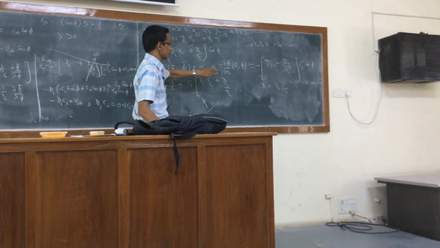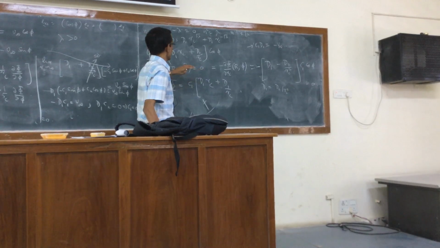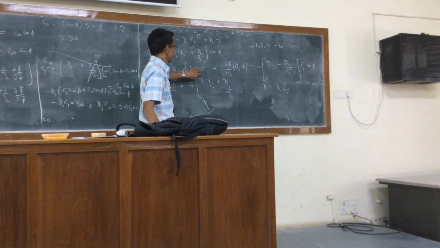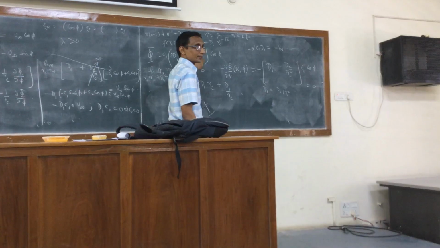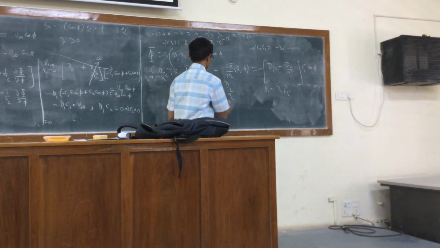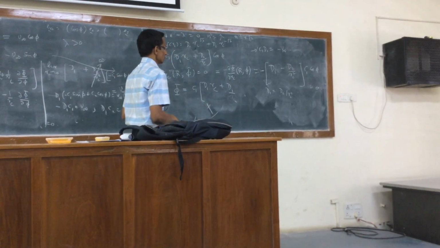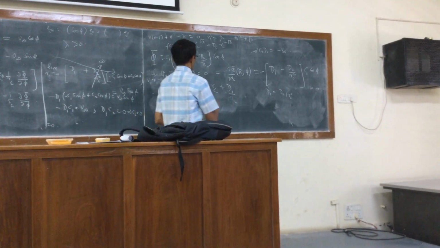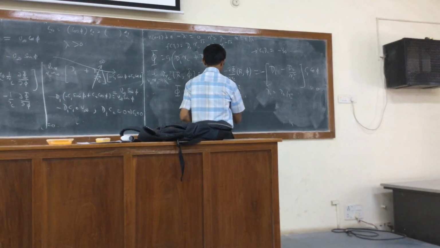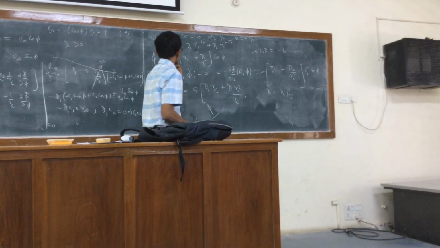So D2 is D1 times R_c squared, D1 times R_c squared divided by R_c. So that would be D1 R_c squared by R_c.